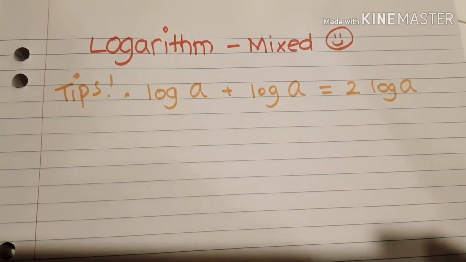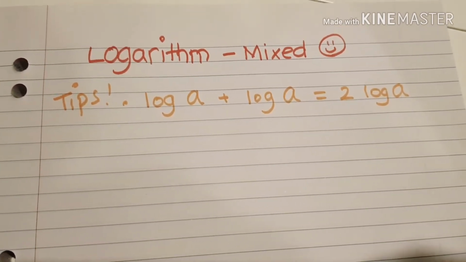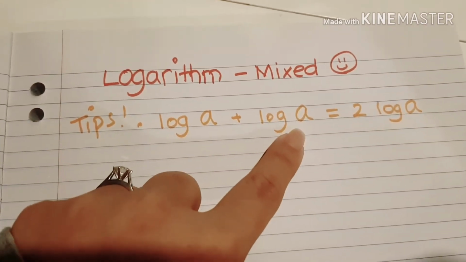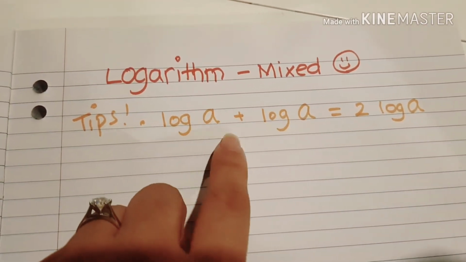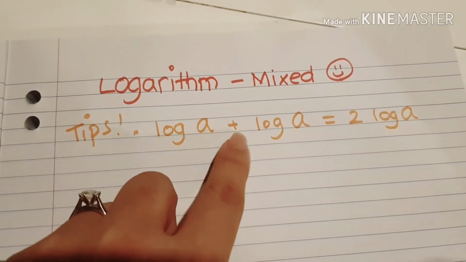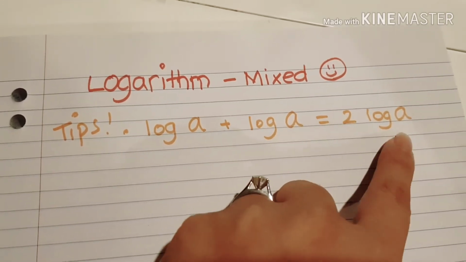Okay, before we start, I've got some tips for you. If I have log A plus log A, for example log 5 plus log 5, that should be 2 of log 5s.